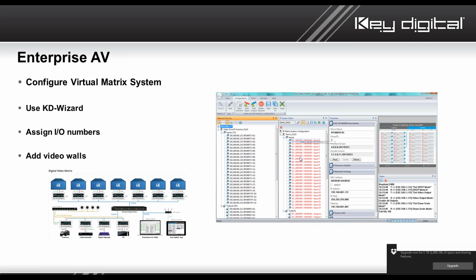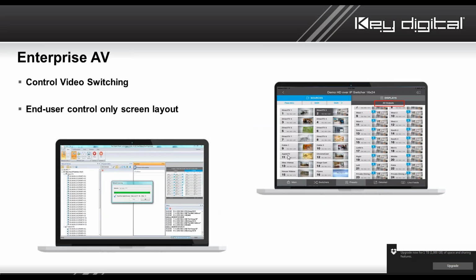You could add a video wall or multiple video walls to the system. We'll get into what all is in the video wall capability with this, and what all IDs and whatnot that has for you. And after you build that system, you could actually use the KeyDigital Wizard to control the system as well.